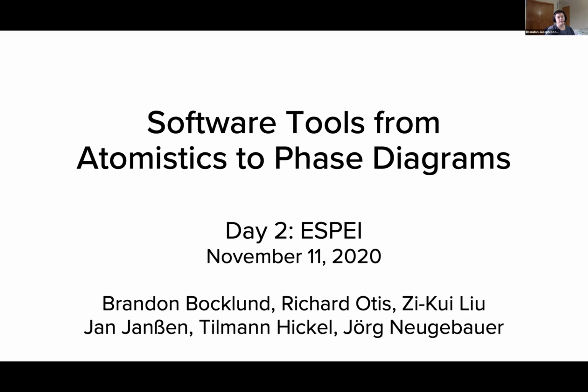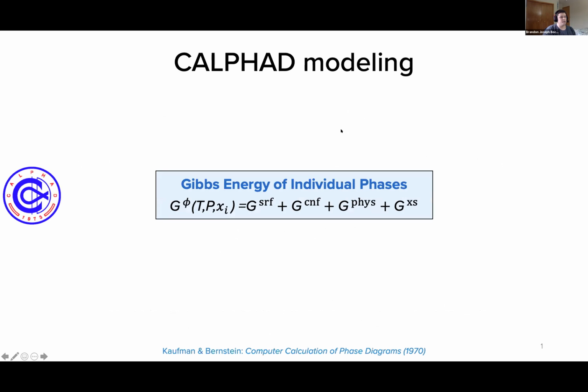So how you go from data and generate a database that you can then use to do forward simulations. Some of these slides Zikoi covered a little bit, so I won't dwell too much on them, but the idea is that we want to model the Gibbs energies of individual phases, and model different parts of the Gibbs energy: the surface of reference, configurational ideal entropy, other physical models, and then excess terms for the parts that we don't have any physical or other derived terms for.